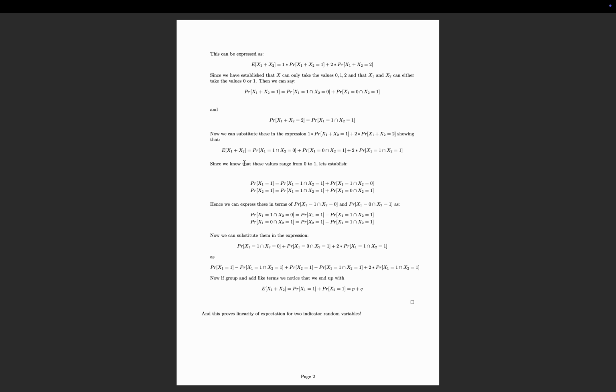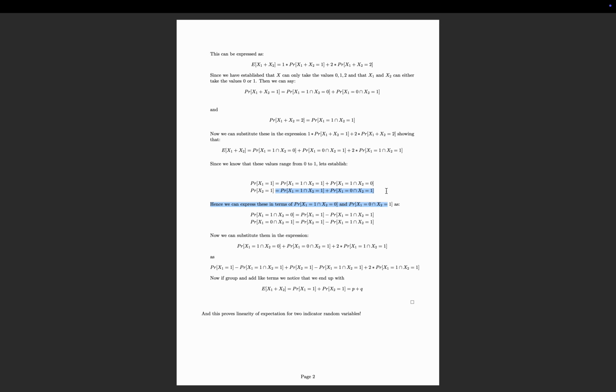But first we need to establish what we mean by the probability of x1 equal to 1. Since we know that these values range from 0 to 1, we can establish that the probability that x1 equals 1 is equal to the probability that x1 is equal to 1 and x2 is equal to 1, plus the probability that x1 is equal to 1 and x2 is equal to 0. In both of these cases, x1 is equal to 1, so that gives us the probability of x1 being equal to 1.